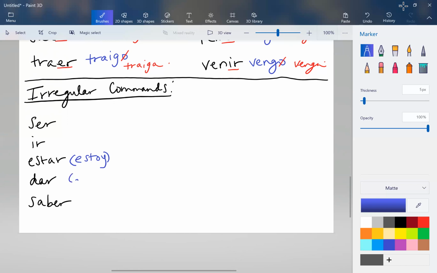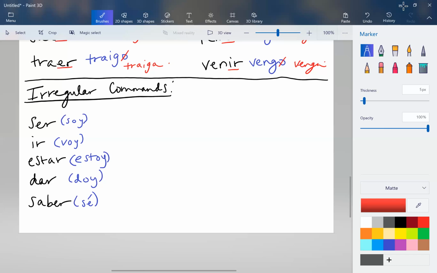Doy. What else? And soy. Voy. And saber is sé. None of those end in O. Right? None of those end in O, so we can't apply our rule. So we have to memorize only these 5.